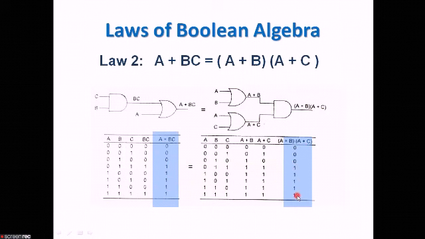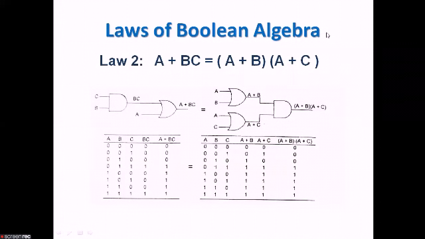So you can say that A plus of BC will be equal to A plus of B into A plus of C. This is proved by the truth table illustration. So we can see from here that the second law of the distributive law is being proved by the truth table representation.